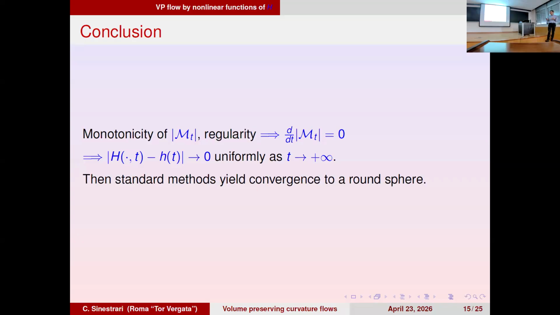If you consider the volume preserving flow, you have convergence to a round sphere, which is considerably more difficult because most of the argument applies, but then it gives this time only an upper bound on the kth symmetric polynomial of the curvature, and this does not directly imply a bound on the second fundamental form.